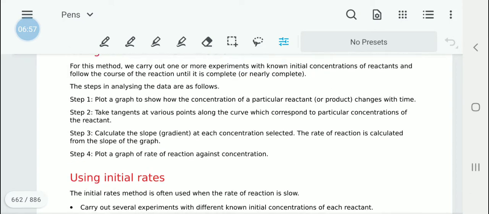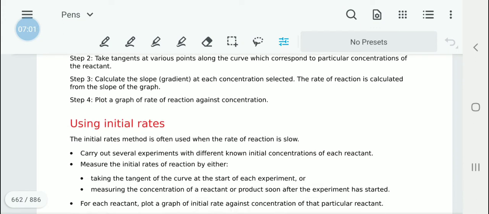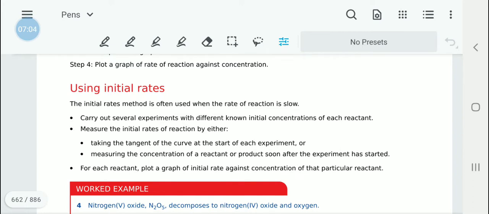Then there is another method called using initial rates. What we just discussed was using the data from the course of a reaction. Using initial rates is another method that we can follow. It is used if the reaction rate is very slow. We carry out several experiments with different known initial concentrations of each reactant.